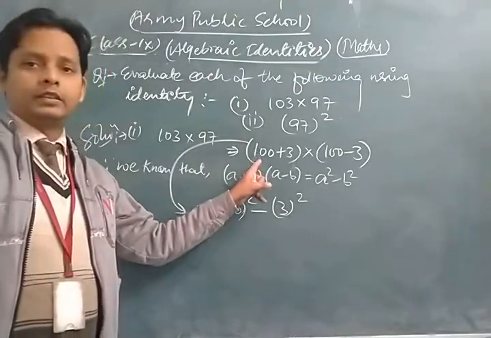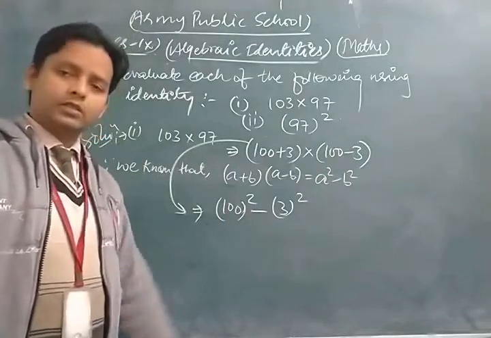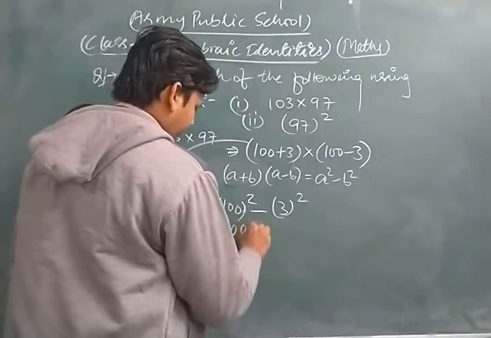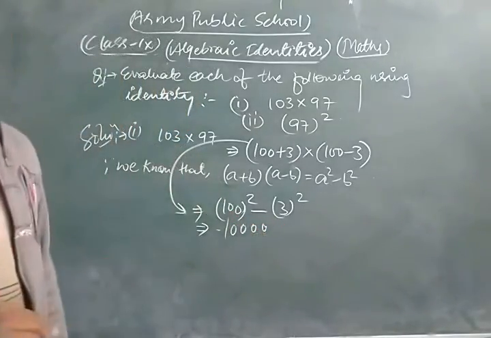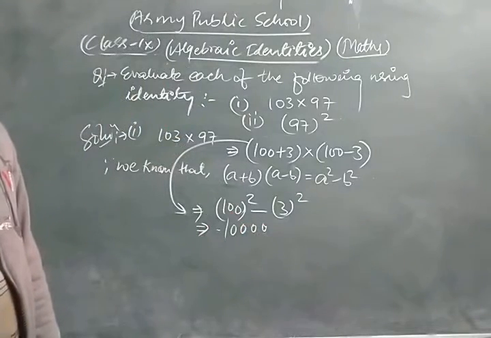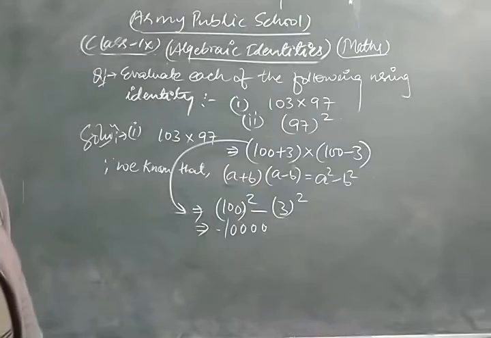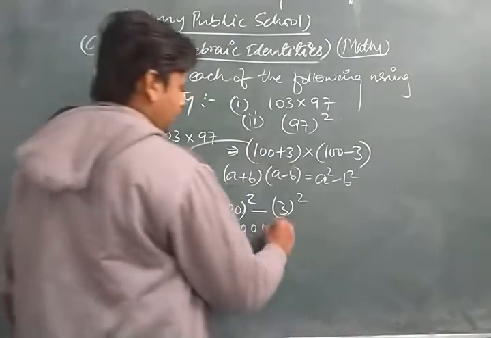We can write a square minus b square. The value of a is 100 and the value of b is 3. So we can write 100 square minus 3 square. So 100 square is 10,000, 100 into 100. Okay, and now minus 9, 3 square is 9.